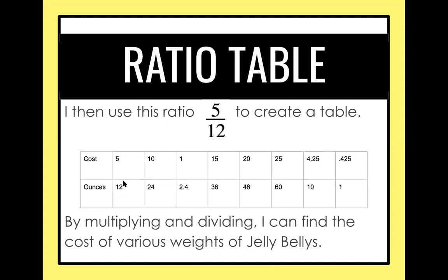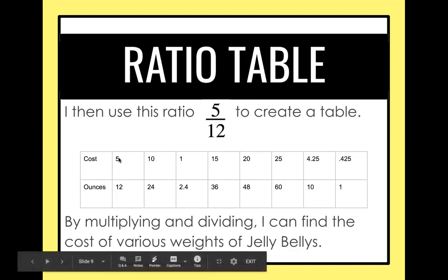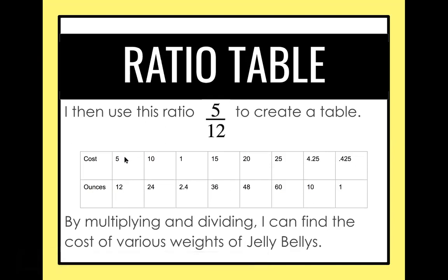So 12 times 3 gives me 36. And if I did it to my denominator, I have to do it to my numerator. So 5 times 3 gives me 15. So my ratio would be 15 to 36, or 15/36. So it would cost $15 to buy 36 ounces of Jelly Bellies.